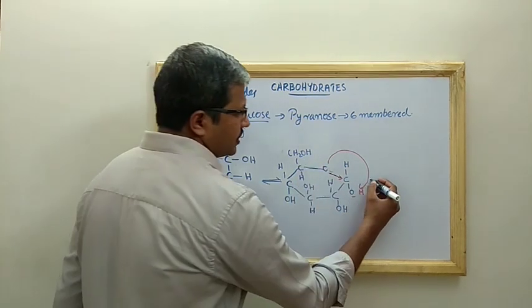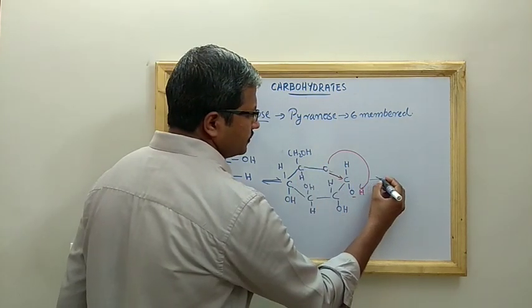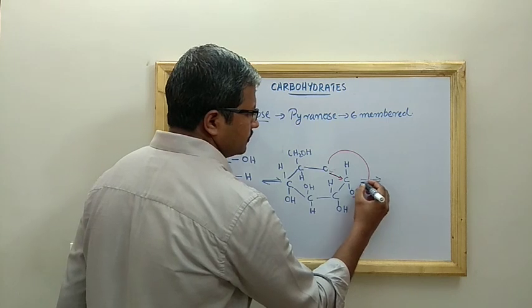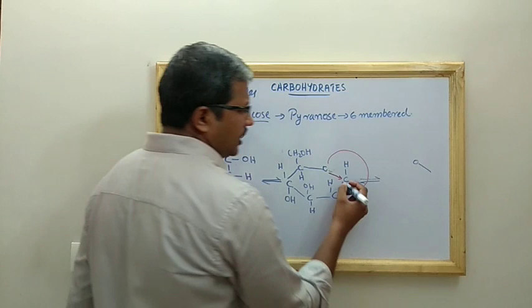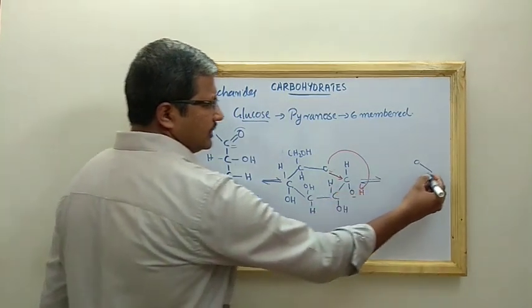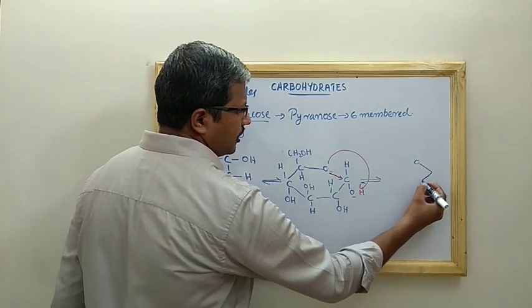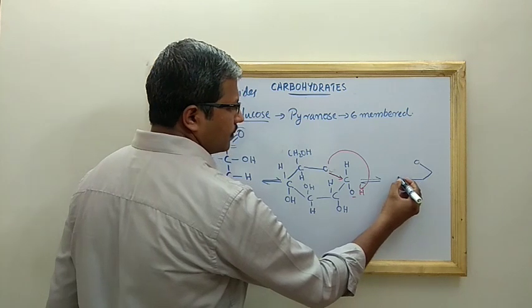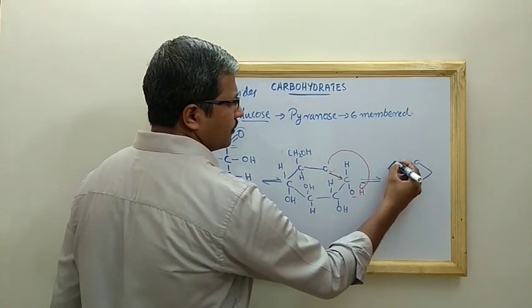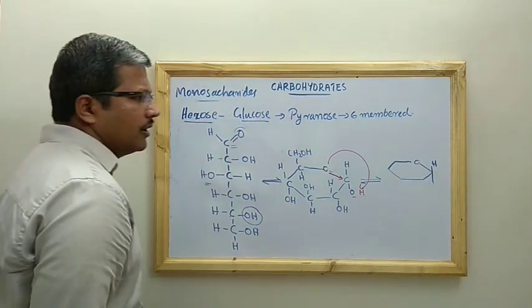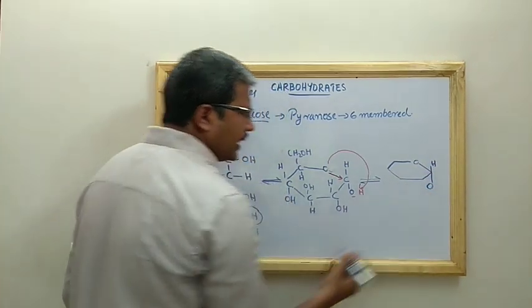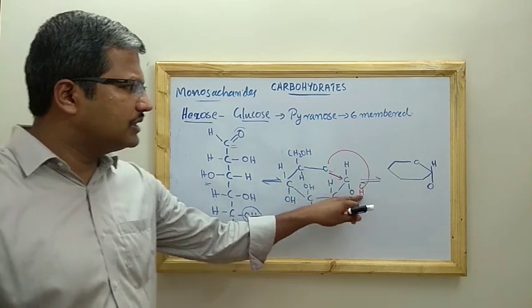I am drawing the structure there. You can see oxygen. I will not draw C again; each junction represents a carbon. So H, O, and where is this particular H coming from?